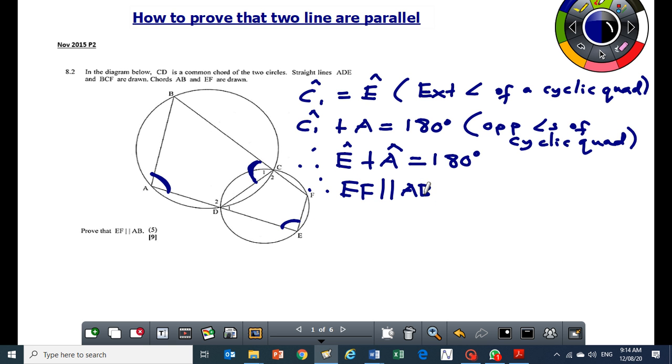Okay? Why? Co-interior angles are supplementary, SUPP. Or we can say they add up to 180 degrees. So why don't you just put GO dash I and T?